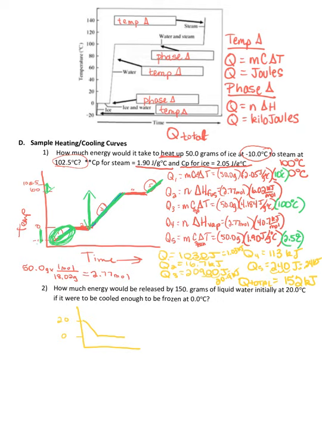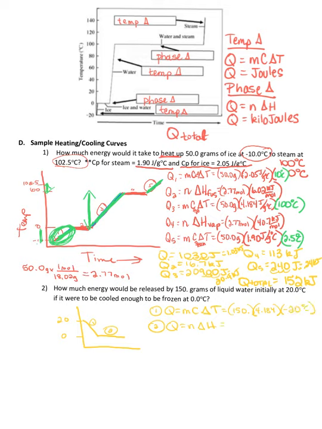So we only have 2 regions, 1 and 2. 1 is a Q equals MC delta T, and 2 is a Q equals n delta H. First one is 150 times 4.184 times negative 20, because we're going down.